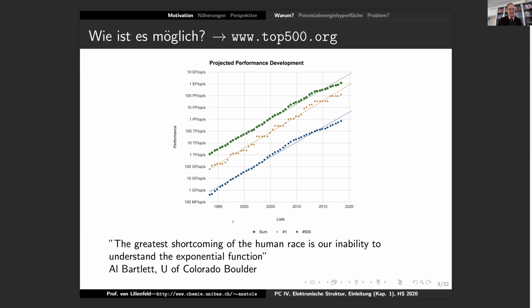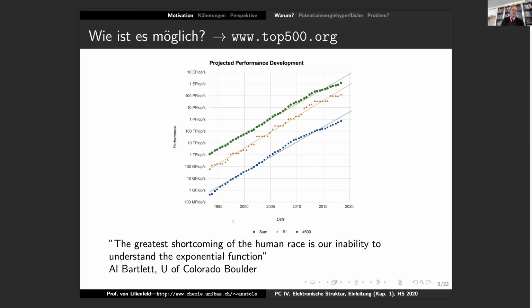So the x-axis grows linearly. Your y-axis grows linearly on this logarithmic scale, which means the y-axis is really growing exponentially. So the compute power is growing exponentially over time.